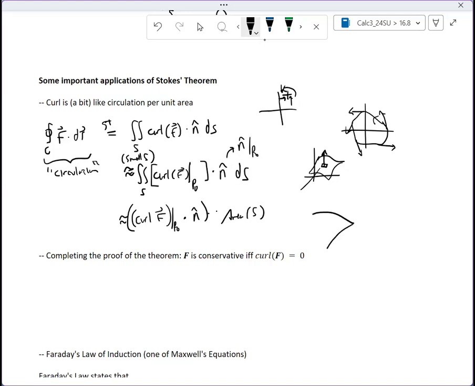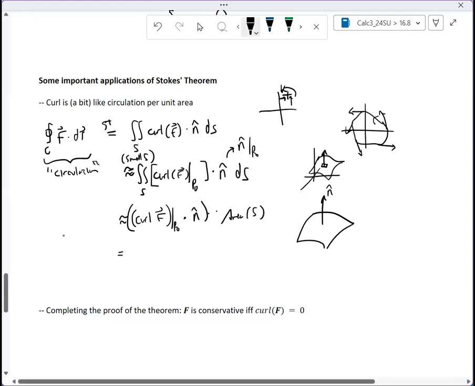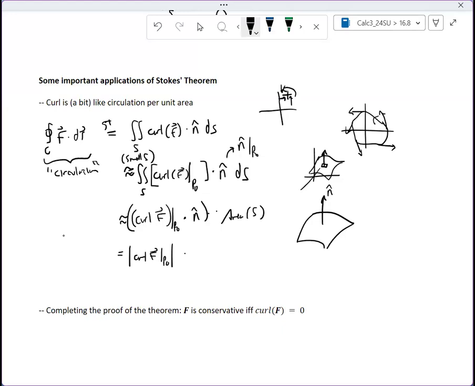So if I imagine I have a little chunk of surface here, and I have some normal, I also know that curl F dot n is like the length of curl F at p naught times the length of the normal, but that's a unit normal.